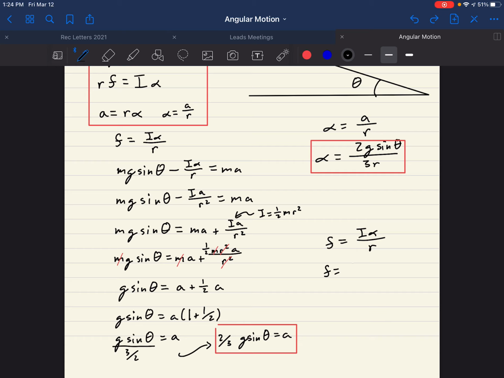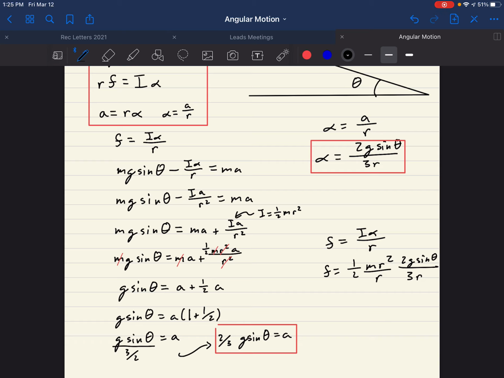Let's see, 1/2 mr squared, and that is all being divided by r. And alpha, which we found, 2g sine theta over 3r.